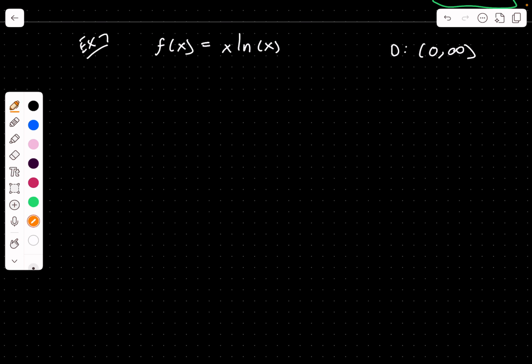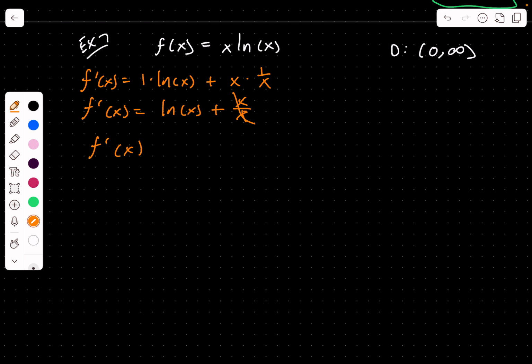Again, we have the product rule: derivative of the first times the second plus the first times the derivative of the second. So we get f prime of x equals ln of x plus x over x. And x over x is literally just 1, right?